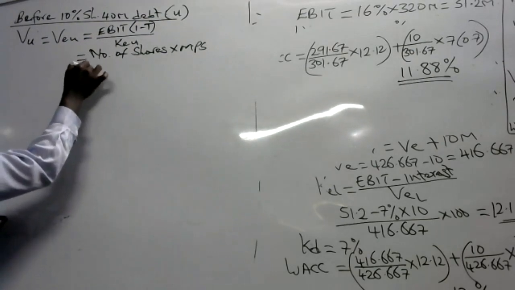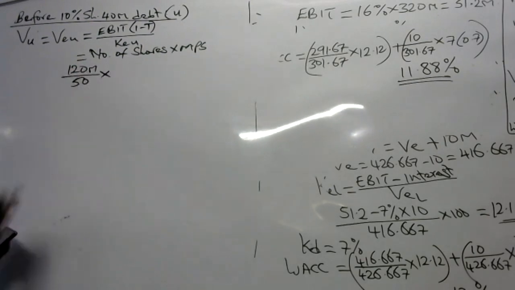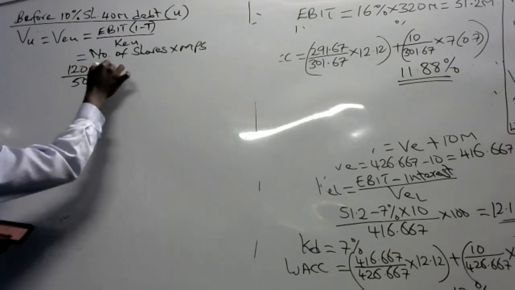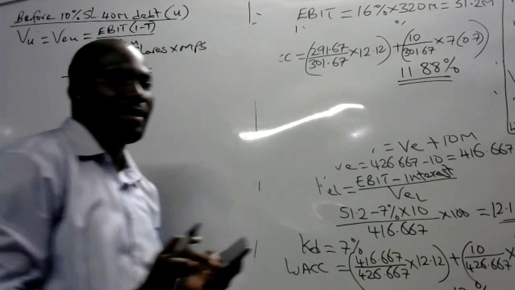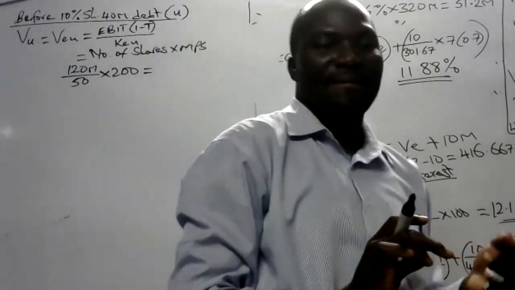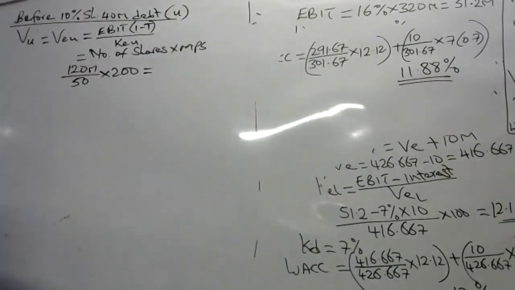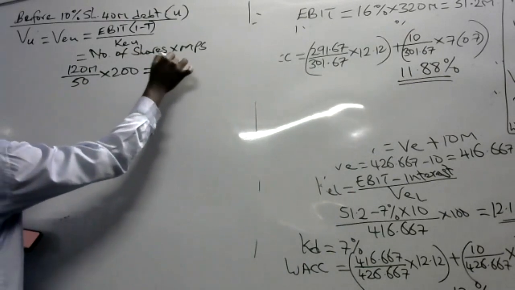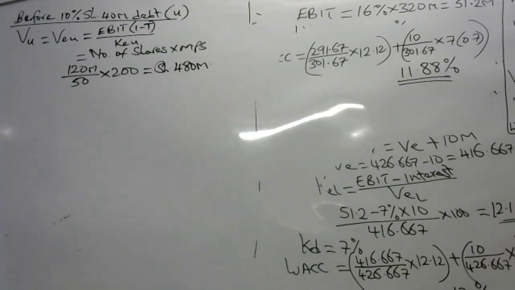120 million divided by 50. And on the market, each share is selling at how much? 200. So what is the value of equity? 480 million, right?